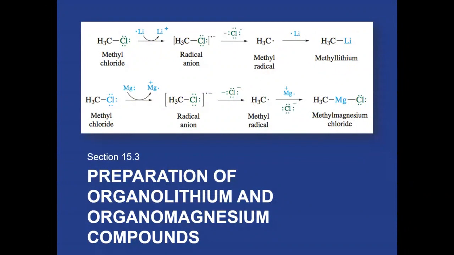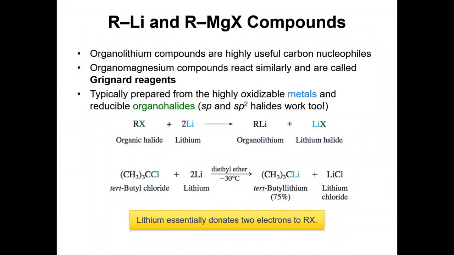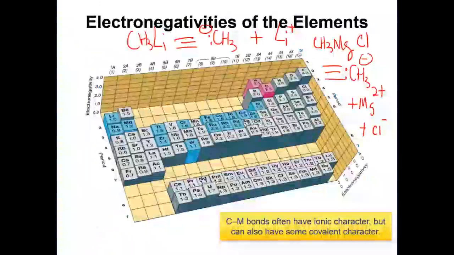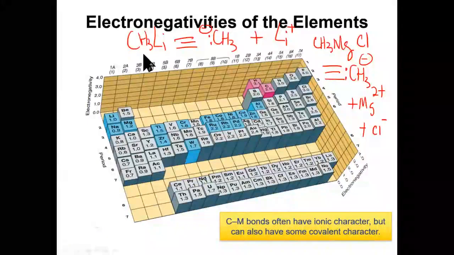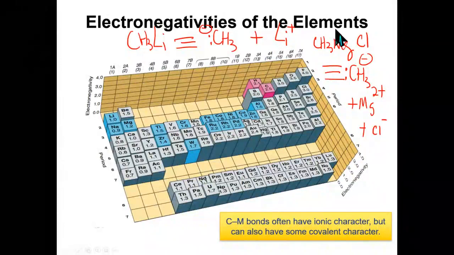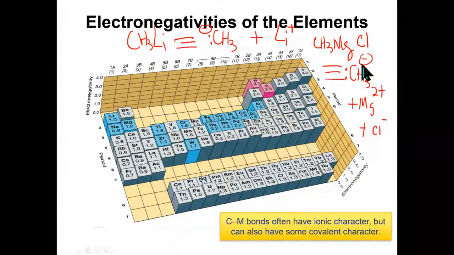Anyway, let's look at the preparation of organolithium and organomagnesium compounds. Both of these kinds of compounds can be considered as the anions of the organic portion. Just for the sake of simplicity, whenever we consider reactivities of organolithium and organomagnesium compounds, we consider them the same.